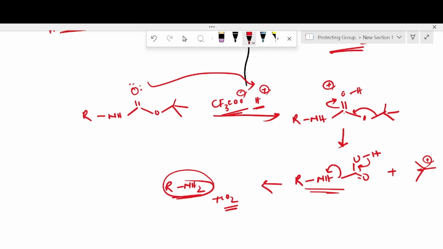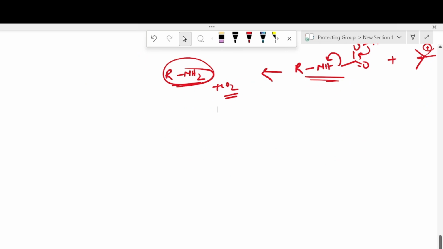So if you want to selectively deprotect the Boc functional group in the presence of other functional groups, we need AlCl3, that is aluminum trichloride. One example is like that: OSC, and Boc is here.